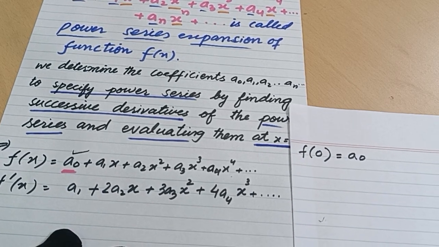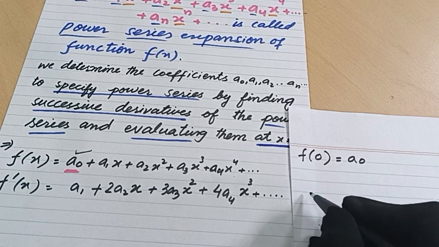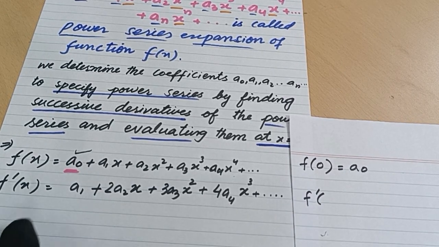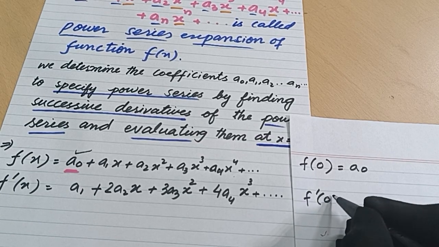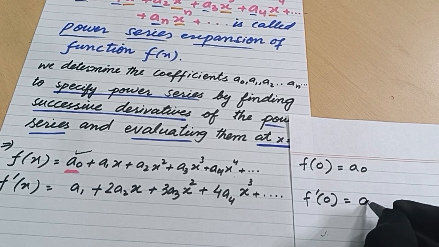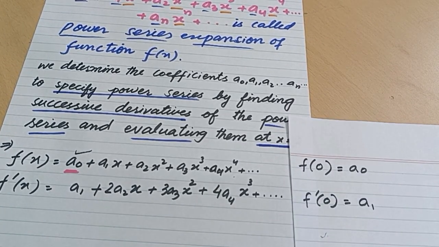Now if I look for the value at x equal to 0, f prime of 0 will give me only a1, because all the remaining terms have the x variable, which turns to 0.